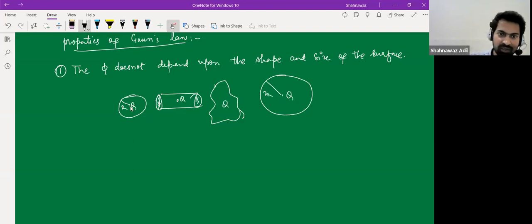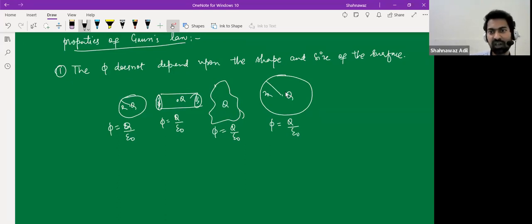You can see that the size is different, but for all the cases the flux would be q enclosed by epsilon naught. For this case also q enclosed by epsilon naught, and for this case also q enclosed by epsilon naught. So you can see that this flux does not depend upon the shape and size of these figures or the surface. Understood?